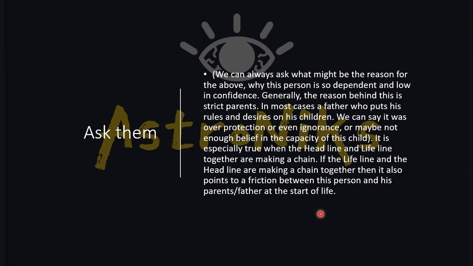So we have to see how much the rules affected them. And this kind of thing will be seen when the person has this kind of line: the person will not have a good relationship with his parents or father. So there will be a little bit of conflict or quarrelsome behavior in their relationship.